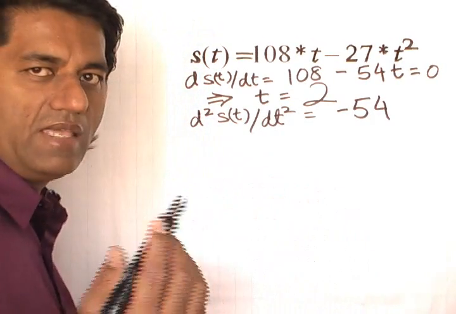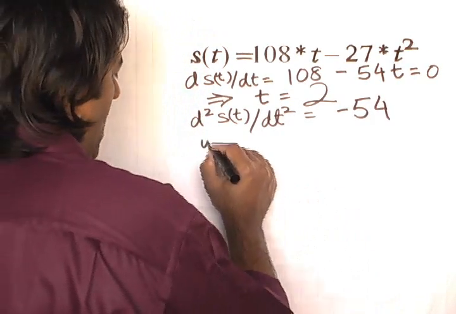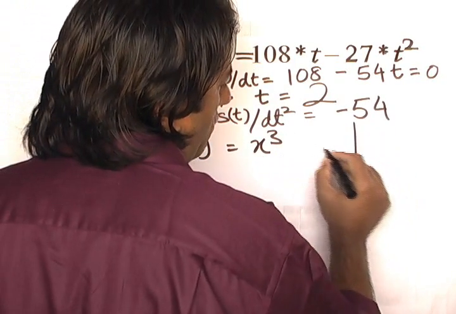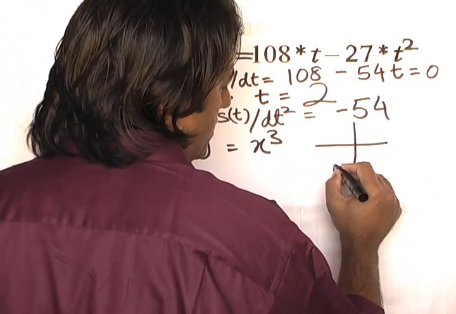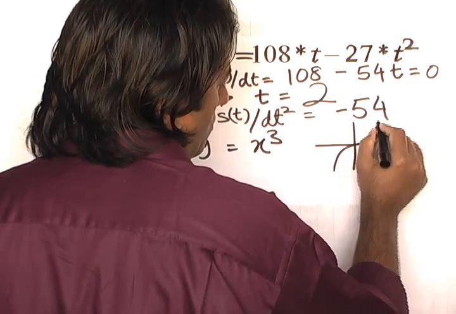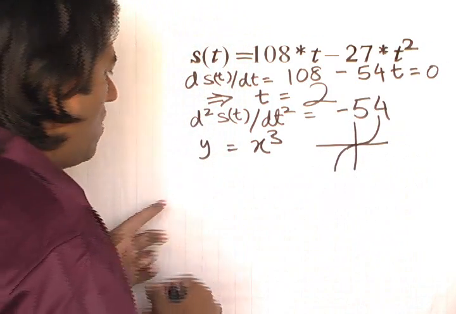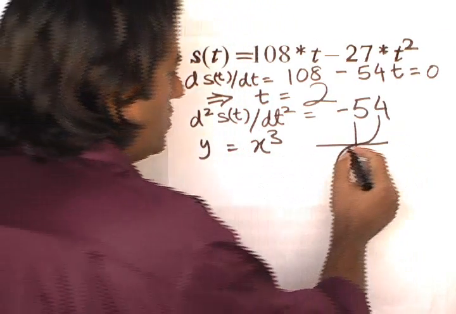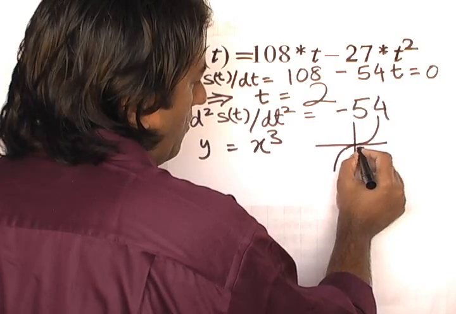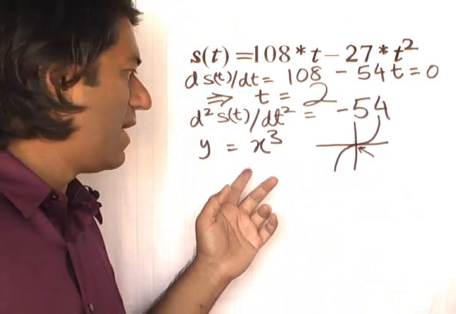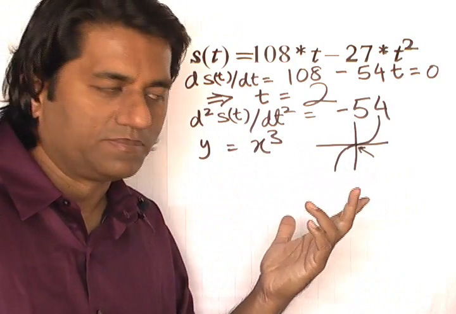For example, if you take the function y equal to x cubed, the graph of the function looks something like this. Now the first derivative is 0 at x equal to 0, because the first derivative is just 3x squared, and that is 0 when x is 0.